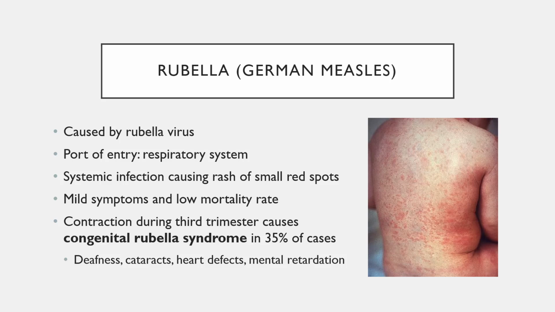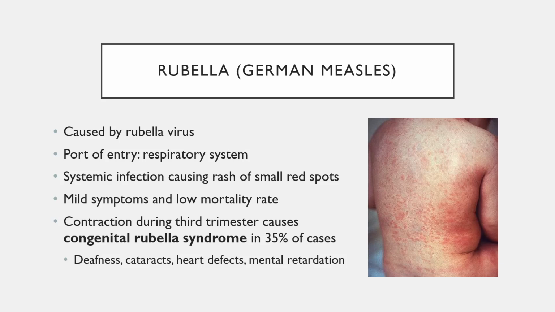The last major rubella outbreak before vaccination became common was in the 1960s, and it resulted in 20,000 babies being born with congenital rubella syndrome in the United States. So this is why vaccination for rubella is a public health priority.